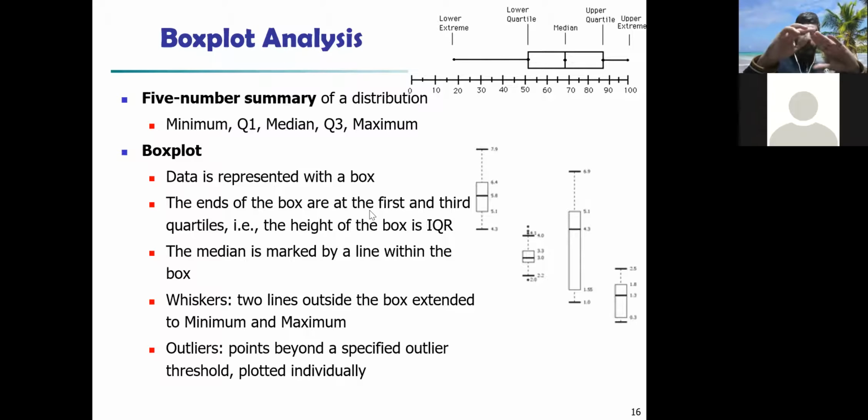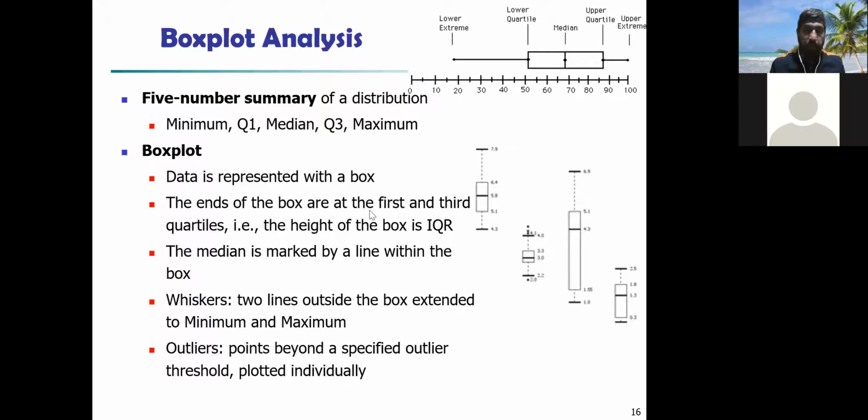The upper end of the box would be Q3. The lower end of the box would indicate Q1. The middle line in between would give you Q2 or median. And then you have lines from the ends of the box to the min and the max. Max up there and the min below that. So this would give you a pictorial view.